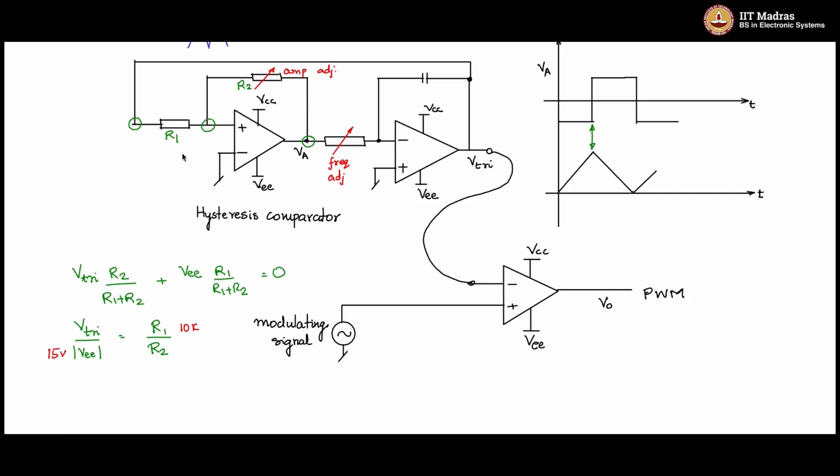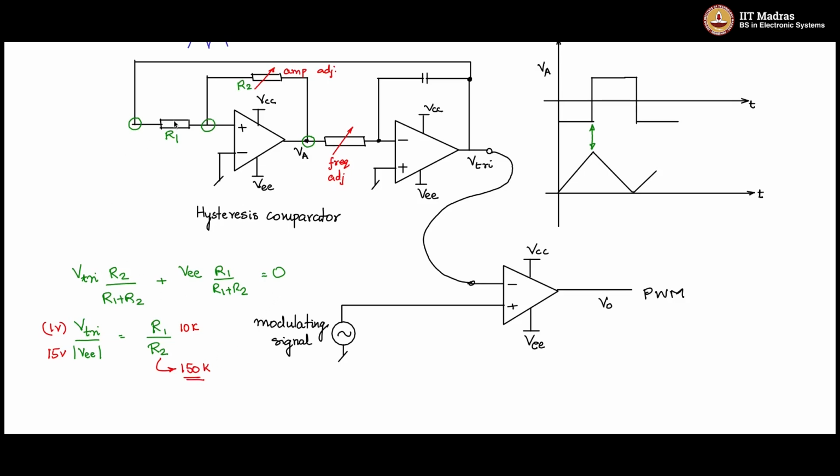Then if I want V triangle peak amplitude to be 1 volt, I know the ratio, that R2 should be 150K. So if I set R2 to be 150K and this one as 10K, then I will get a triangle amplitude of 1 volt peak. Okay.